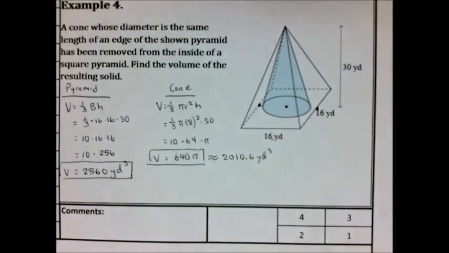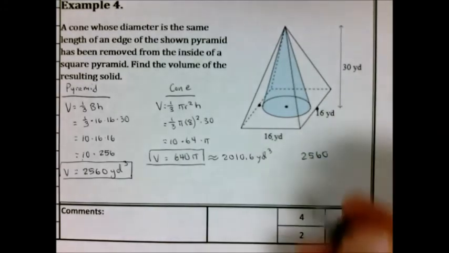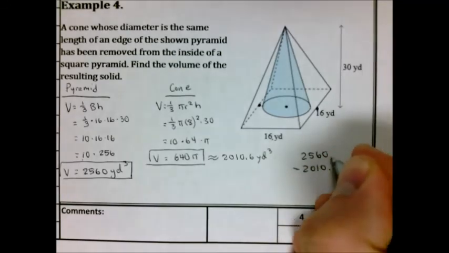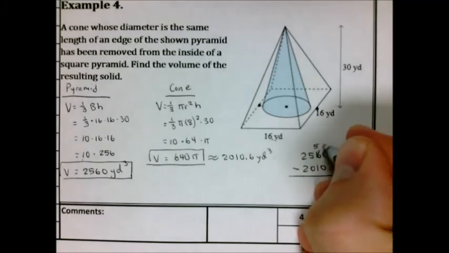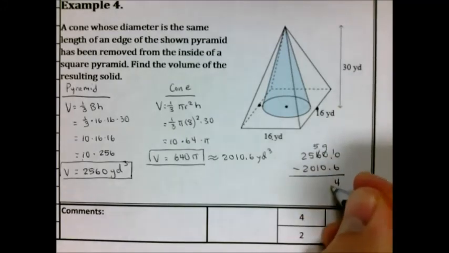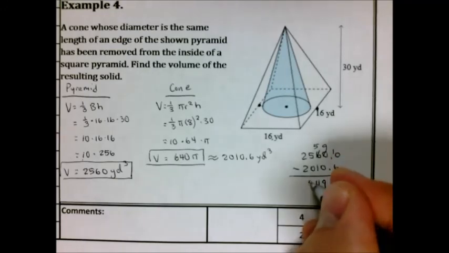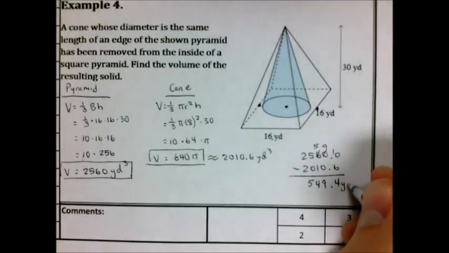So let's use this number, and we're just going to subtract these now. 2,560 minus 2,010.6. All we have to do is subtract now. We've got to borrow a little bit. So we've got 10 minus 6 is 4. 9 minus 0 is 9. 5 minus 1 is 4. 5 minus 0 is 5. 2 minus 2 is nothing. And we're left with 549.4 yards cubed.